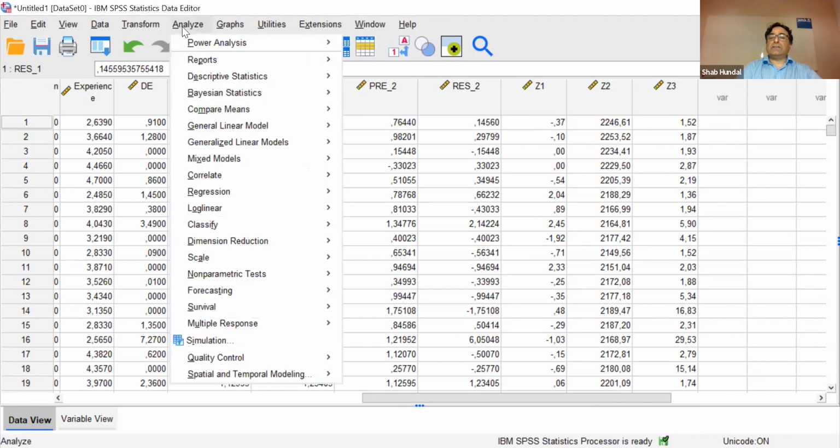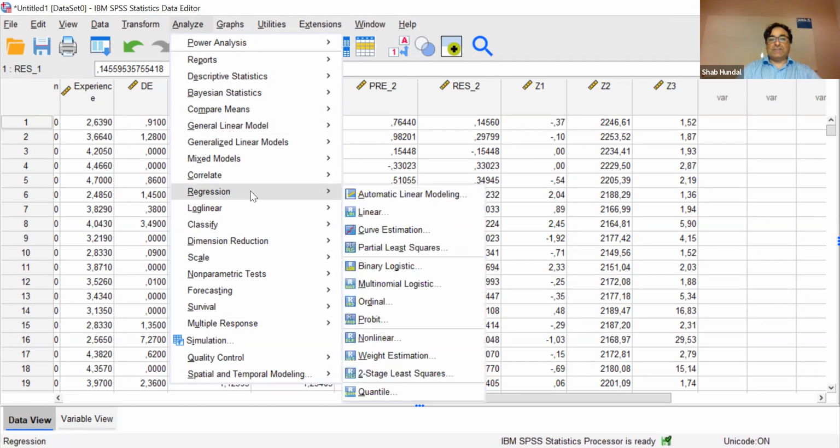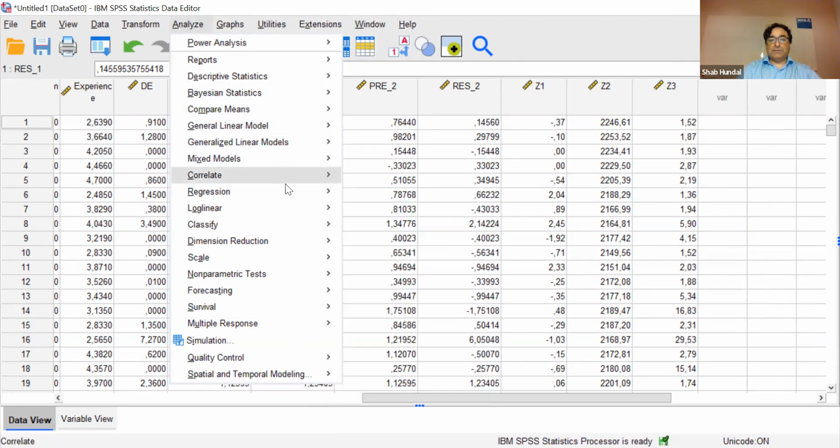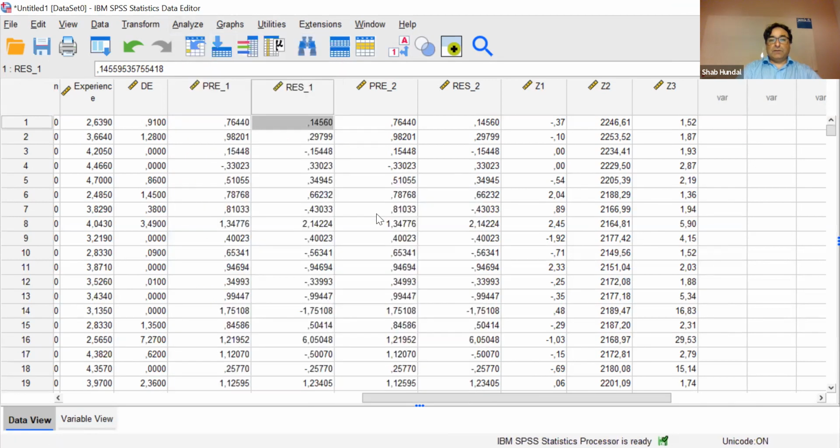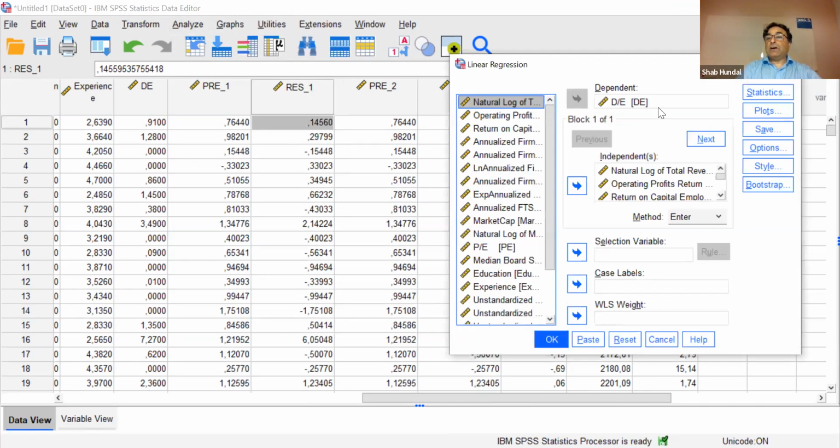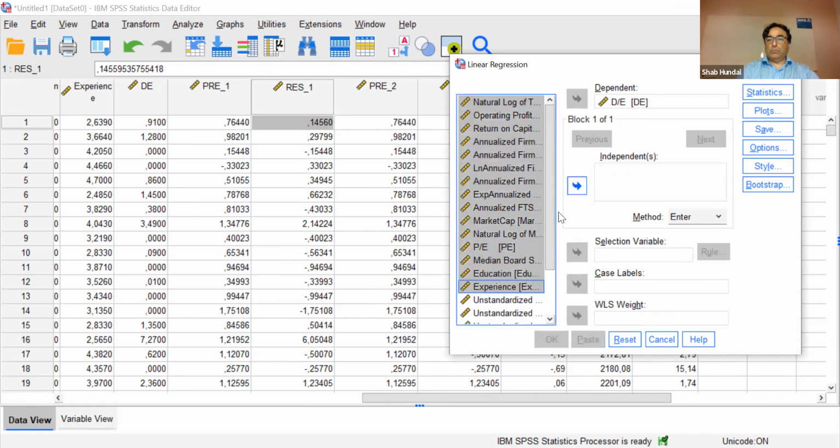And now the beauty is that we come back to the normal regression. So we regress linear. Here, our D to E is still R. I hope you can see in the screen, yeah? The dependent variable, what we do is send all these independents home.